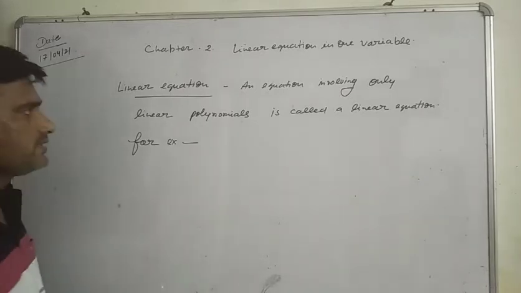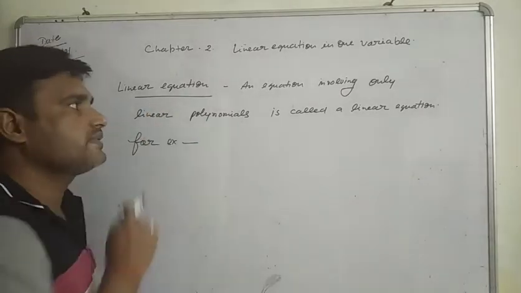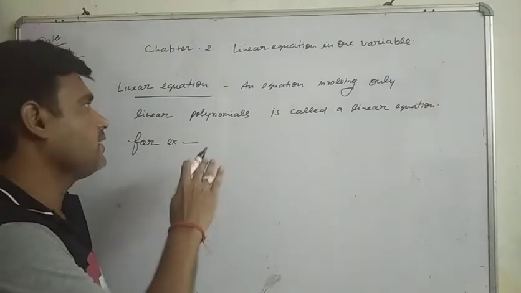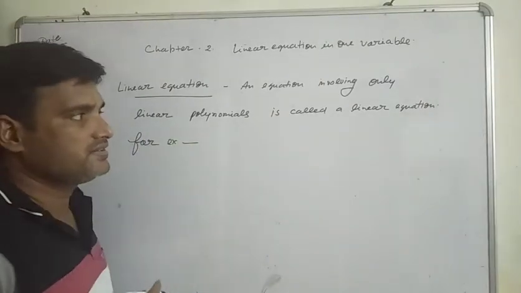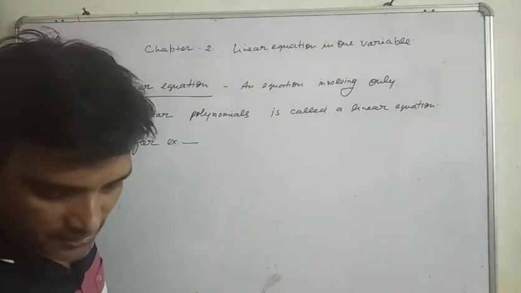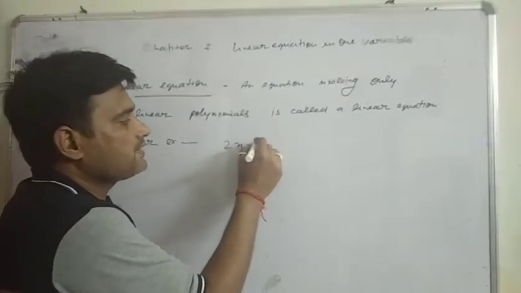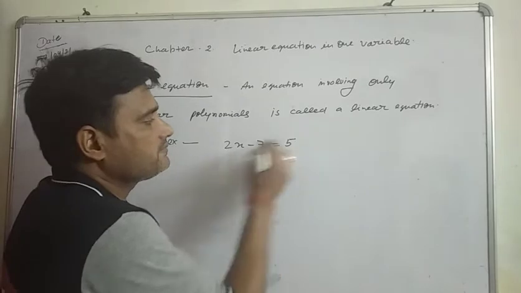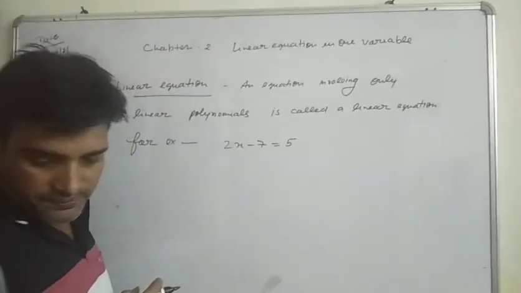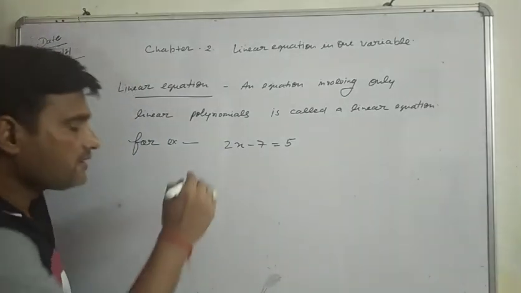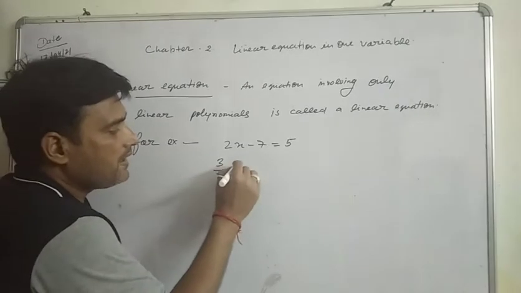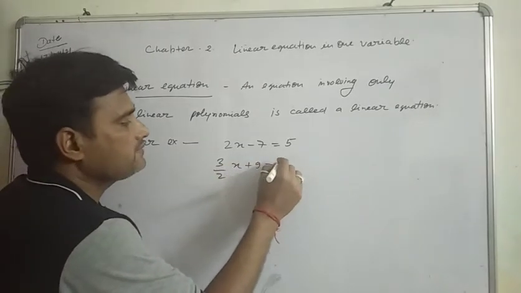Now we define linear equation. An equation involving only linear polynomials is called a linear equation. For example, 2x - 7 = 5.